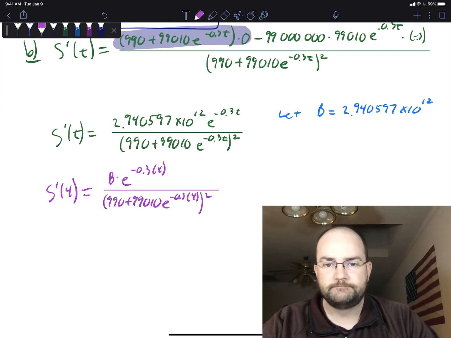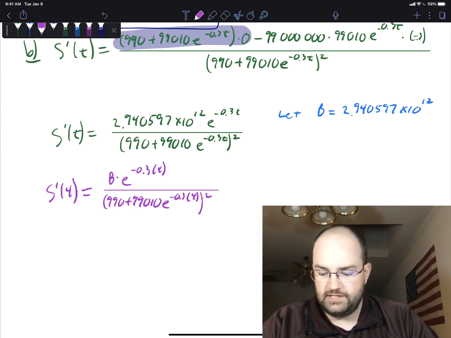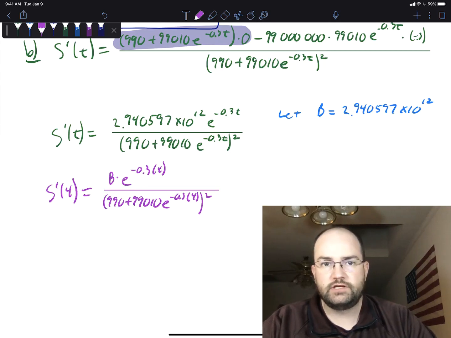So alpha y equals enter, b, which is alpha apps, e, which is second ln, negative 0.3 times 4, aka negative 1.2, in the denominator, parentheses, 990 plus 99,010, second ln, which is e to the negative 0.3 times 4, which is 1.2, right arrow, close parentheses, and then square. And then just click enter.